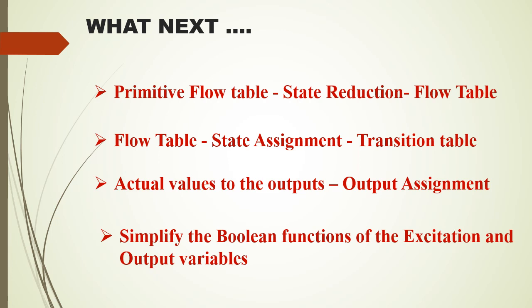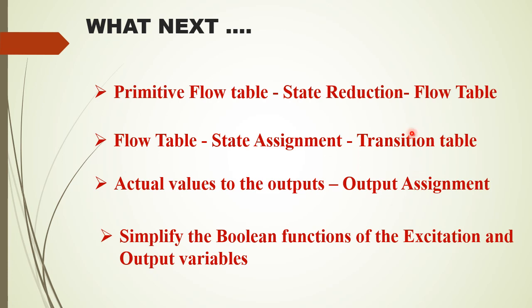So what next we have to see is this primitive flow table will be converted to a flow table by the method called state reduction, finding the equivalent state. And after that, the values of A, B, C, D states are assigned with the binary value and we convert this flow table into a transition table. And then we will make an output assignment for each input combination.